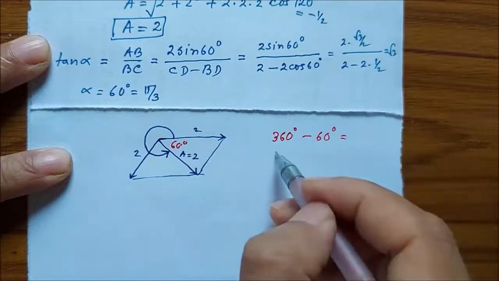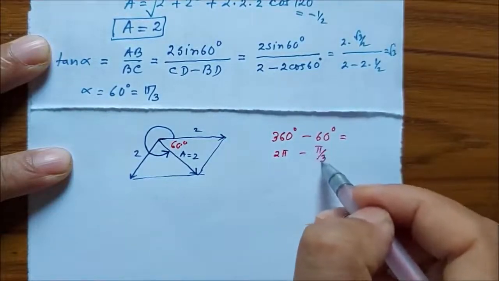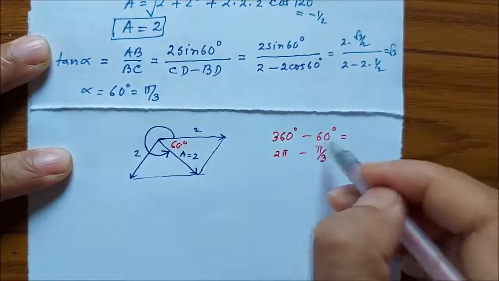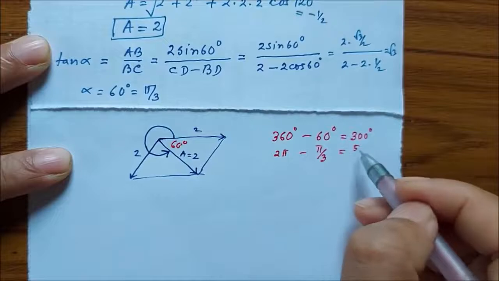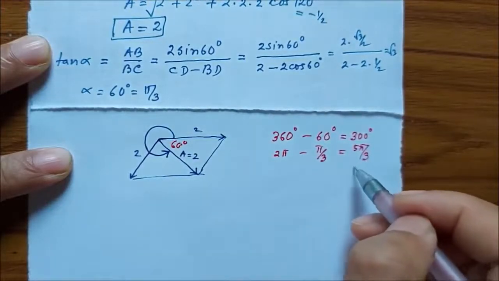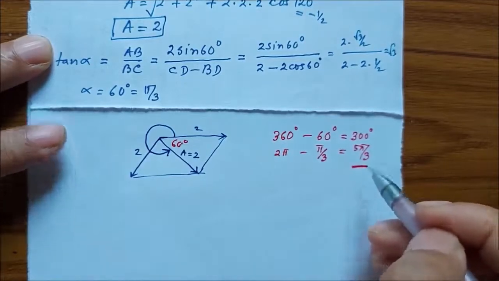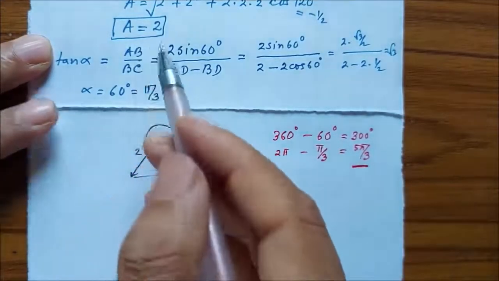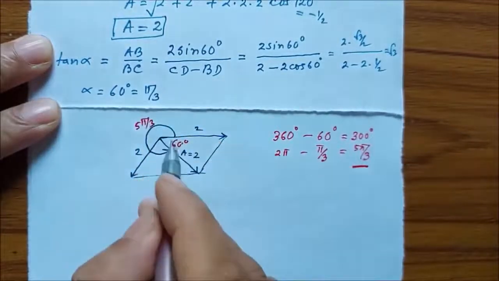That is 2 pi minus pi by 3. And this is 300 degrees, or 5 pi by 3. So the answer is, for phase it is 5 pi by 3, and for amplitude it is 2. So this is 5 pi by 3, this angle.